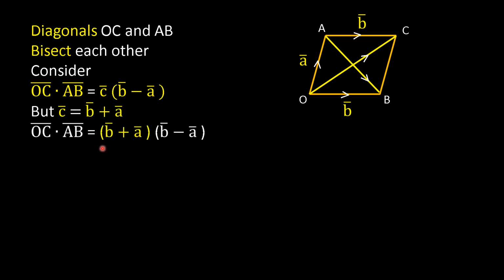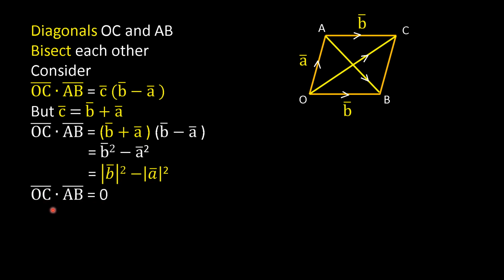Therefore, it will be B bar plus A bar dot B bar minus A bar, which will be B bar squared minus A bar square, which will be mod B bar square minus mod A bar square. But mod B bar equals mod A bar. Therefore, OC bar dot AB bar equals 0.